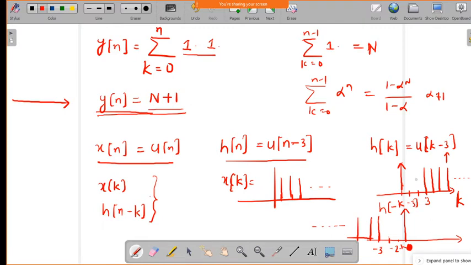So this one I need to shift the value by n unit. That is, if you take h of k minus 3.